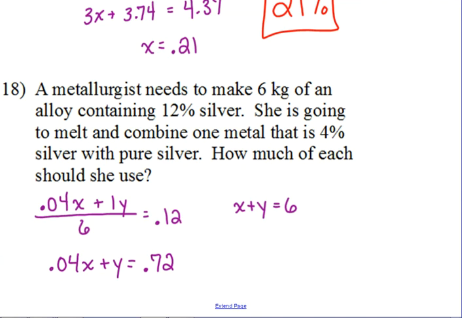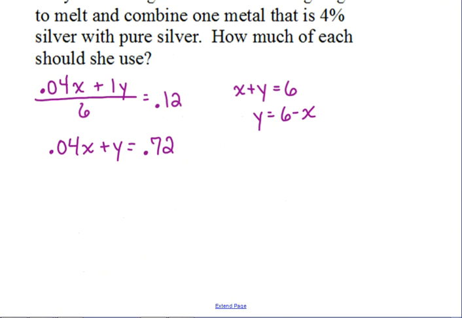However much we use of the 4% metal plus however much we use of the pure silver is equal to 6, because we know that we are making 6 total kilograms. Now, it doesn't matter which one you solve for here. I would solve for y, because when I look at my other equation, the y doesn't have a coefficient, so that just means less distributing and opportunities to mess up.